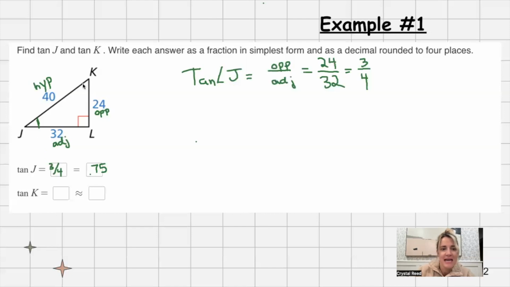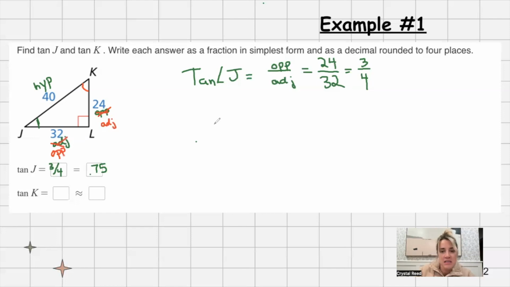I'm going to look at angle K. So this time for angle K, our hypotenuse still is the 40. Our opposite is actually going to be here because you shoot an arrow, you hit it. This is my opposite. And then this is my adjacent. So again, it depends which angle you are in reference to.